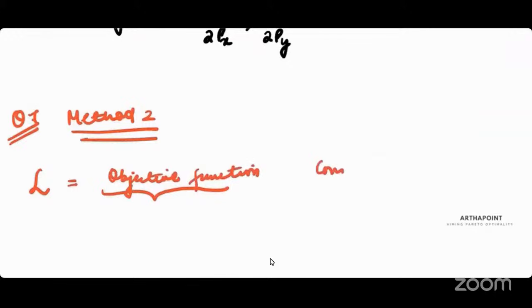And the second part is my constraint. Constraint is always followed by Lagrange multiplier, and you always have a plus sign in between.